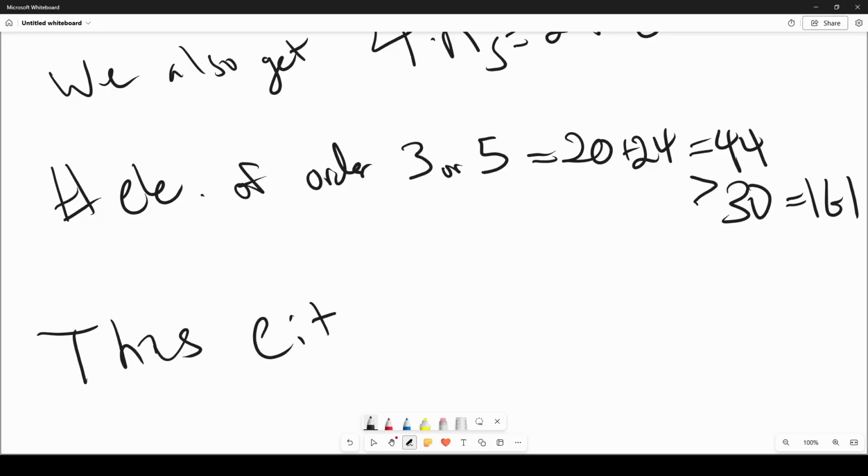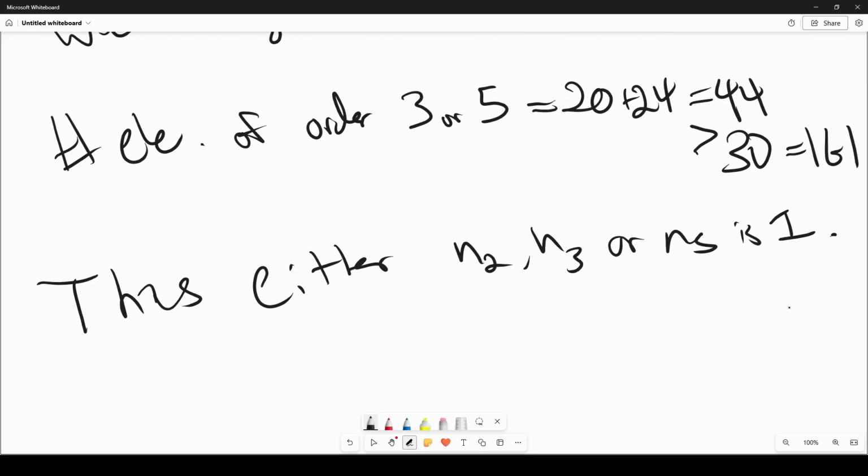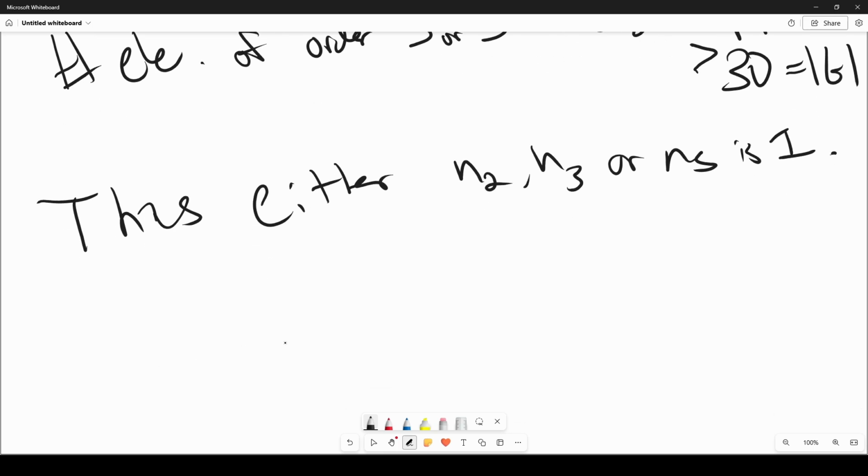Thus, either n2, n3, or n5 is 1. In particular, since we didn't use n2, n2 could have been 1 this entire time. This actually proves that, in particular, n3 or n5 is 1, which is a similar statement, but that's just the way the argument goes.